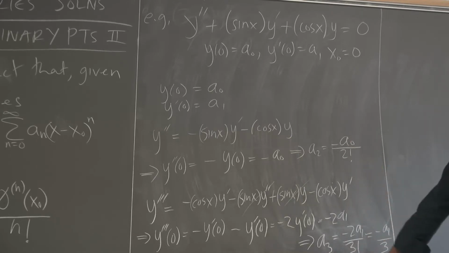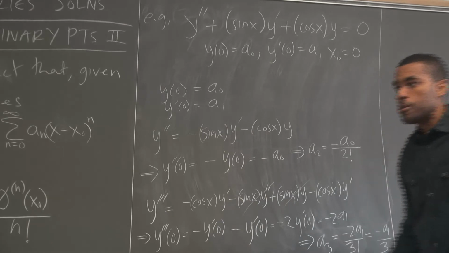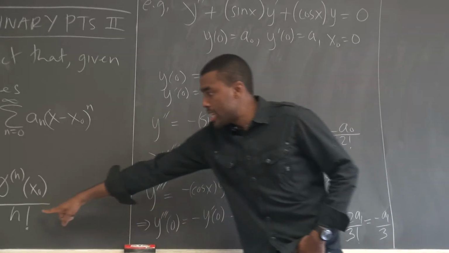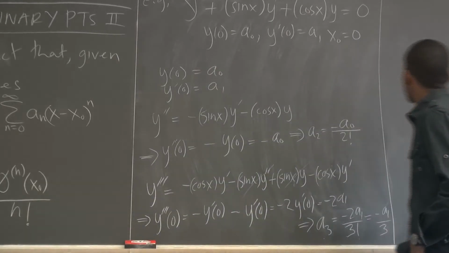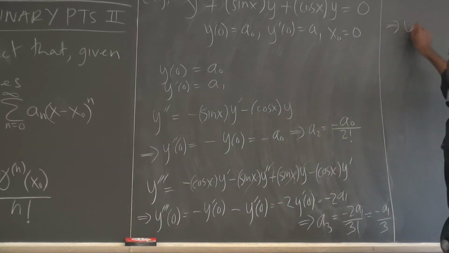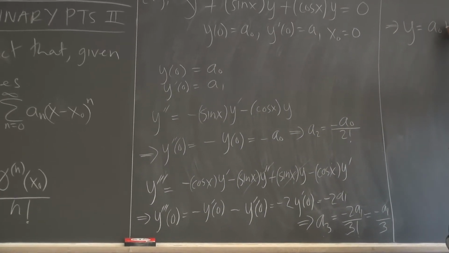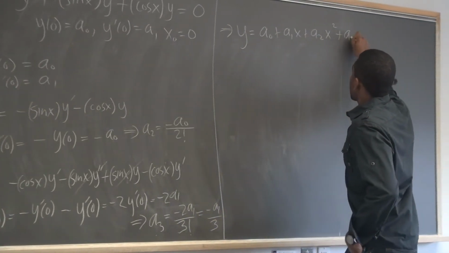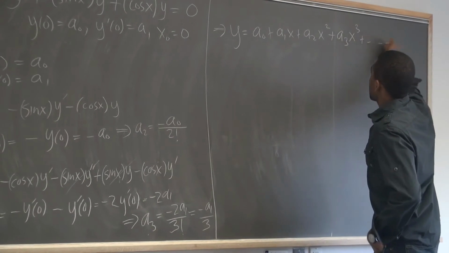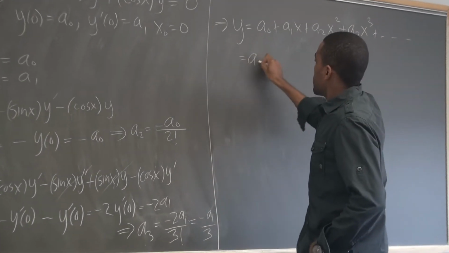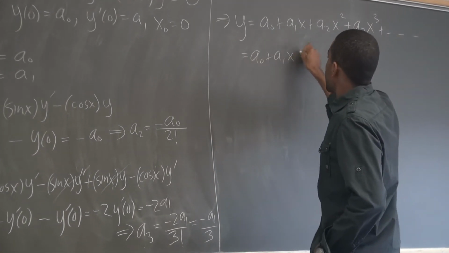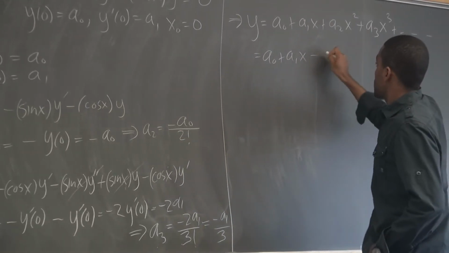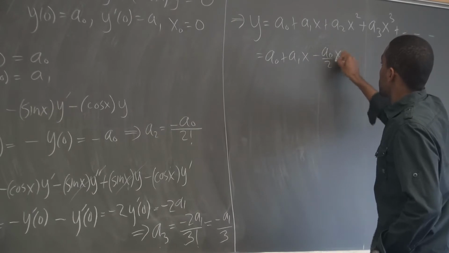And I can just continue this, keep differentiating, plugging in 0 and finding all the coefficients by dividing the results by n factorial. So our series solution should look like just a0, a1 x. Our a2 was this, minus a0.